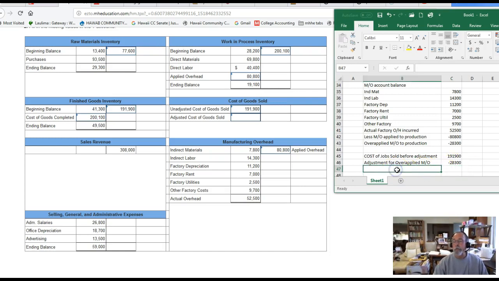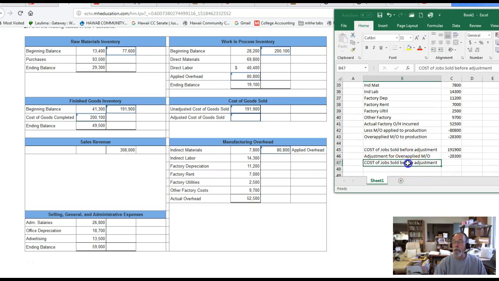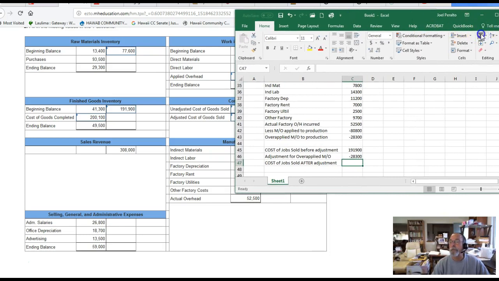And so our cost of jobs sold after adjustment would be the total of these two amounts here, 163.6.